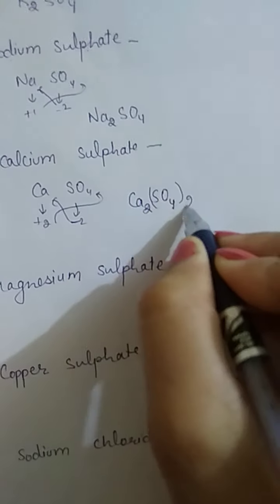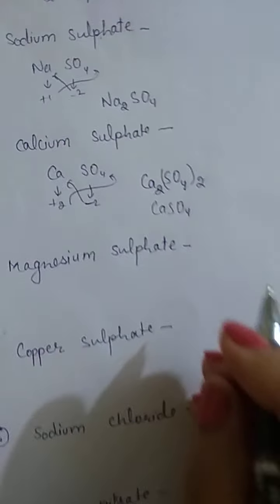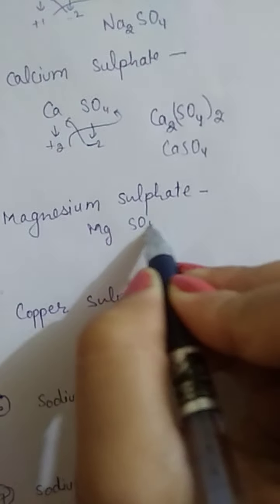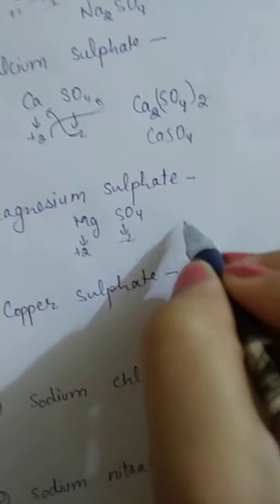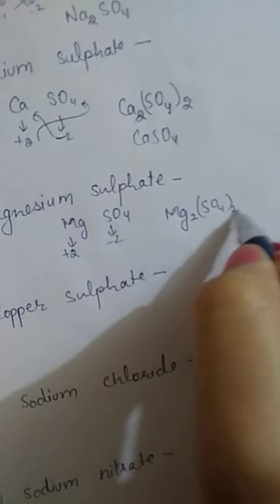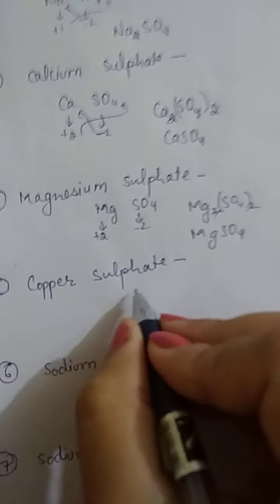Ca2(SO4)2 twice, so simply you can write CaSO4, that is calcium sulfate. Next one is magnesium sulfate. It's +2, it is -2. Again Mg2(SO4)2, simply you can write MgSO4.